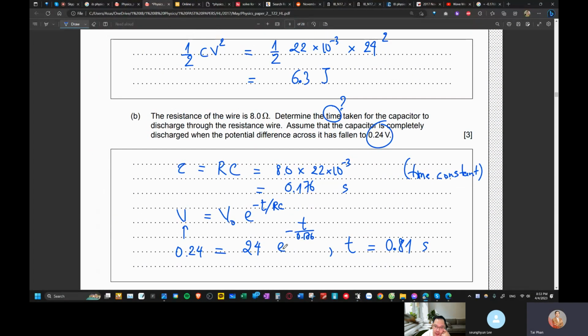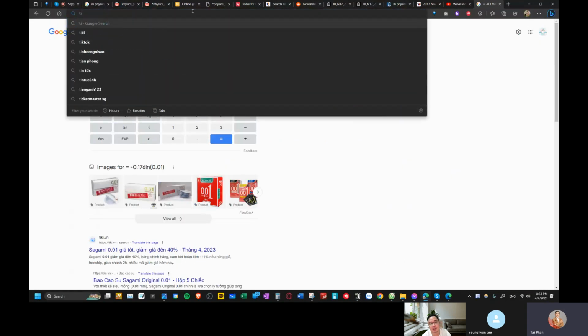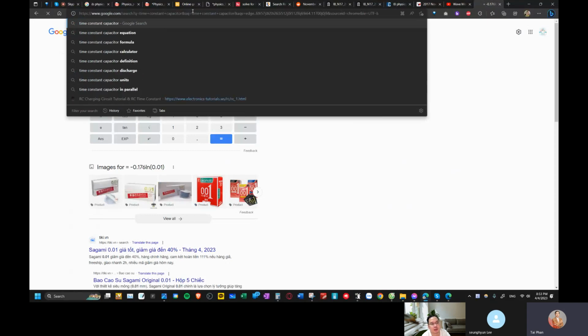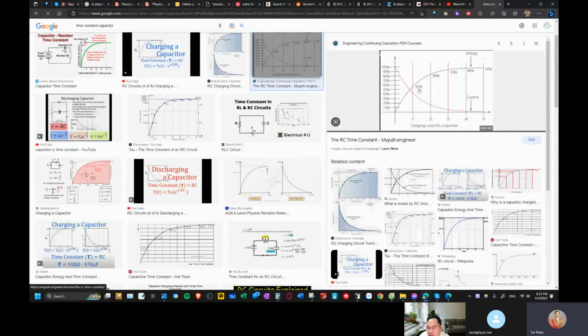The meaning of time constant in the capacitor. The time constant is the time for the voltage on the capacitor to drop by 63%. Okay, this is the graph of the voltage.